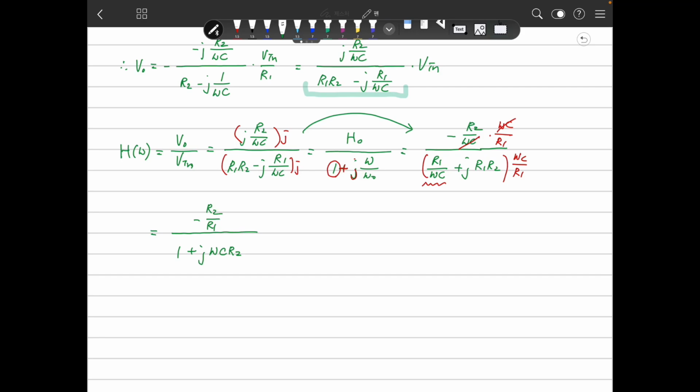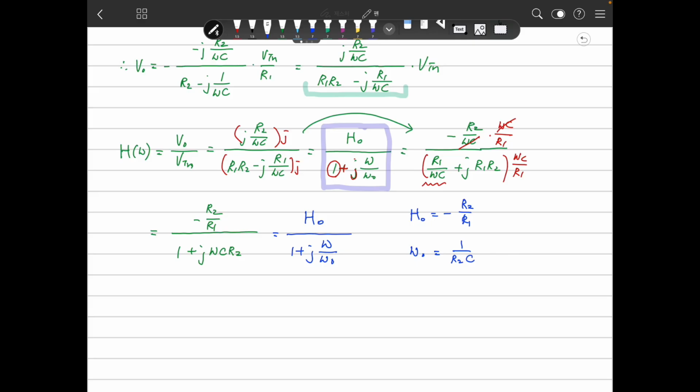Here we need to compare with this general form, which is 1 plus j omega over omega 0, times H0. So what's the H0? H0 is minus R2 over R1, and omega 0 is 1 over R2 C.